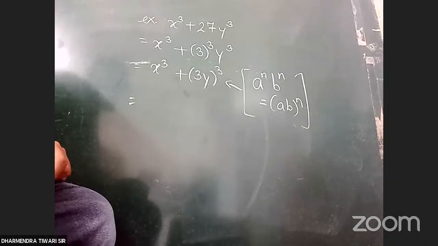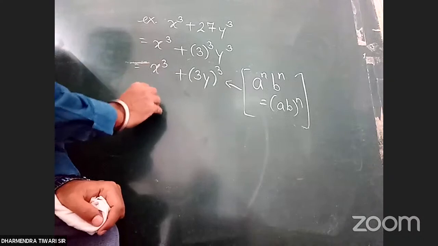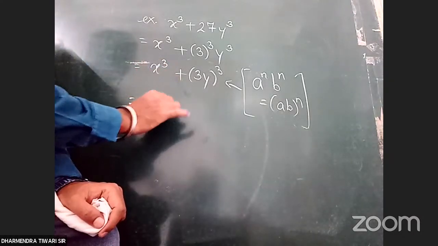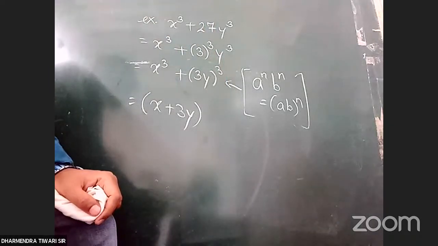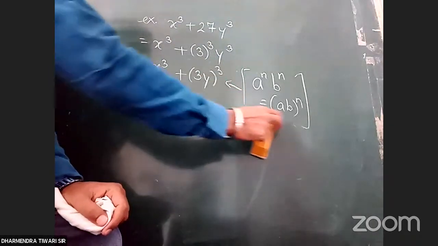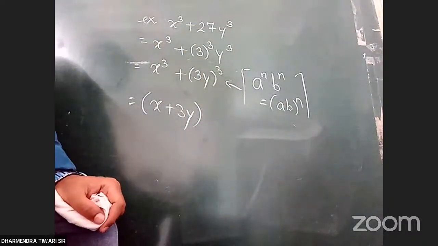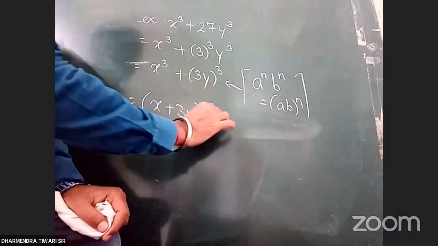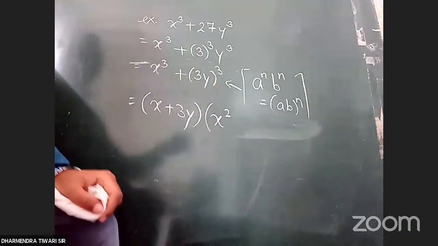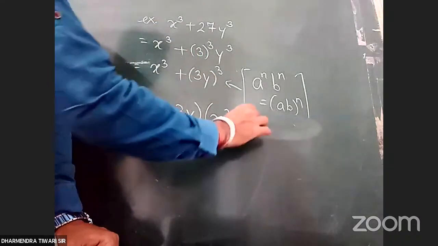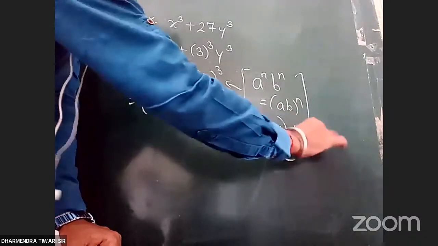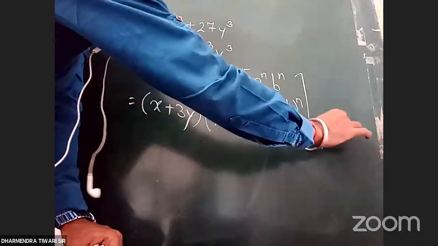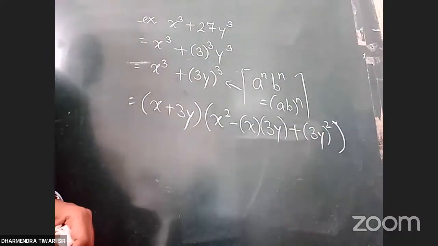So this can be written as a plus b, meaning x plus 3y, and in brackets x square minus x into 3y plus 3y whole square.